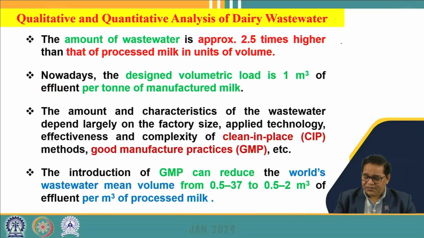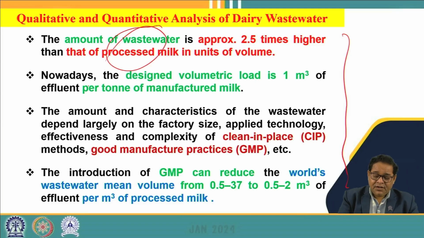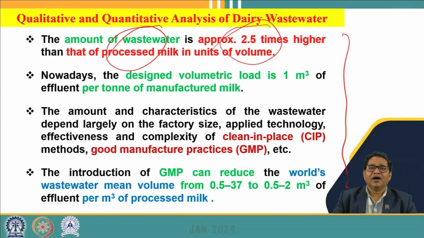Now, if we see the overall qualitative and quantitative analysis of the dairy wastewater, and how much water is used and how much wastewater is generated, the amount of wastewater is approximately 2.5 times higher than the processed milk in terms of volume. Like if 1 liter of milk is produced, it will generate 2.5 liters of wastewater from the dairy industry.